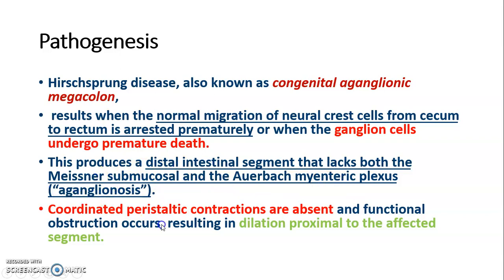The coordinated peristaltic contractions are absent and functional obstruction occurs, resulting in dilation proximal to the affected segment. So, the segment of intestine proximal to the affected segment is dilated.